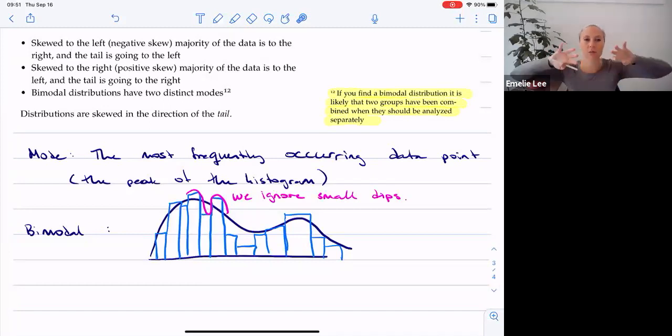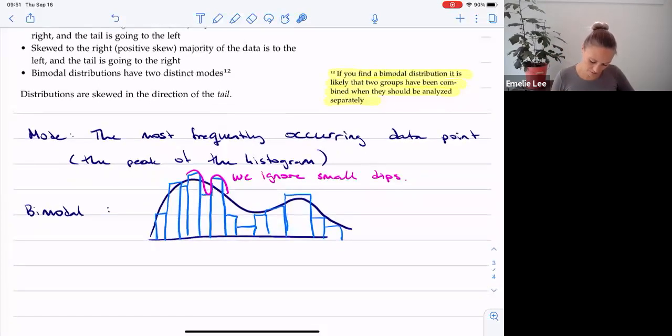Maybe you're able to split these two groups up, right? For example, the easiest thing would be maybe it's a group of males and a group of females, and we're talking about, I don't know, how much they eat in a day or something weird like that, right? And so we should probably analyze those separately and maybe compare those two groups, right? And so that's the main thing about bimodal distributions. Okay, good.